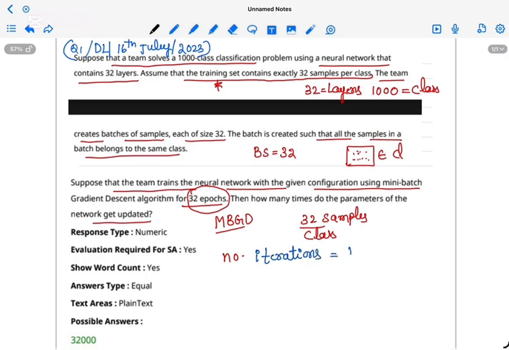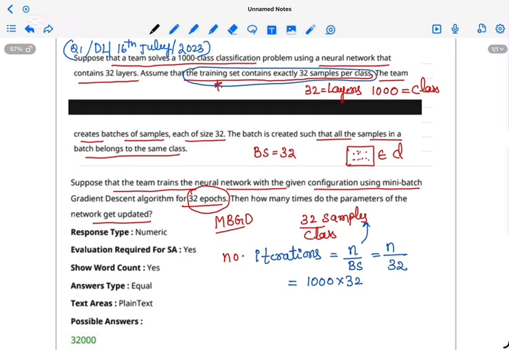The number of iterations equals n divided by the batch size bs, where n is the number of samples. That is n divided by batch size, which equals 32. Here n, the number of samples, equals 1000 times 32, since the training set contains exactly 32 samples per class.